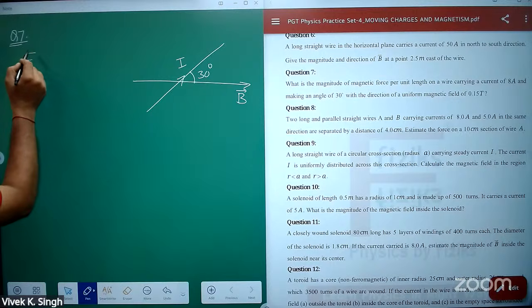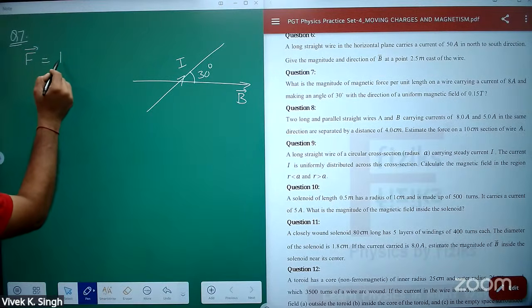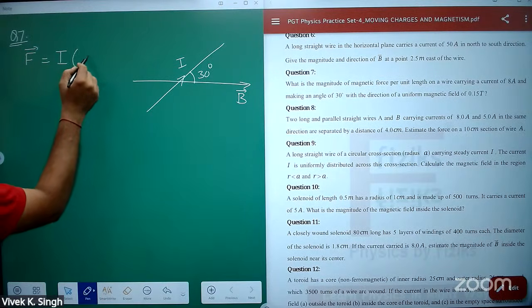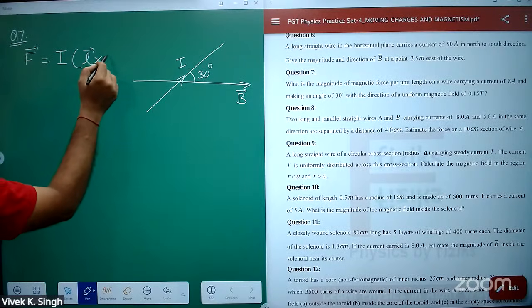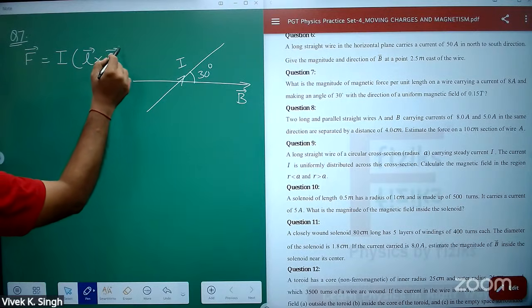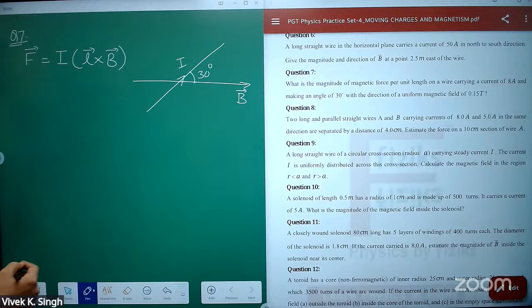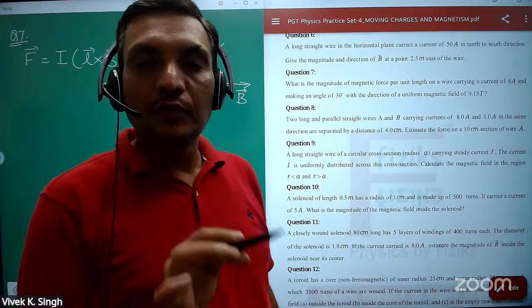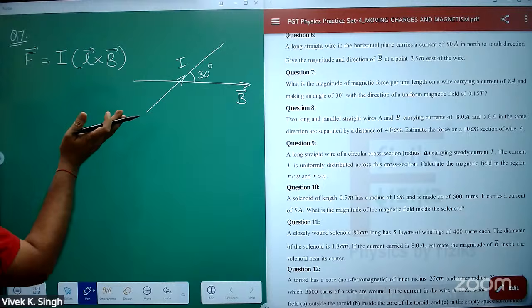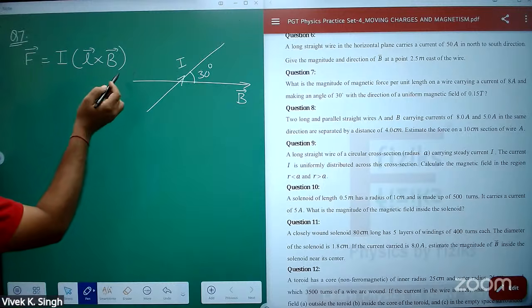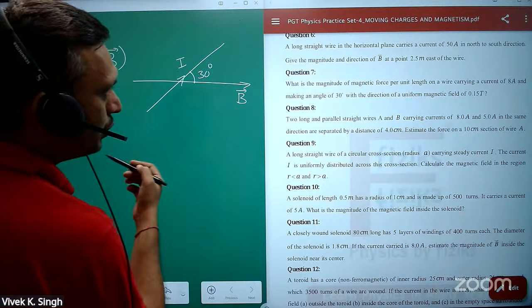This magnetic force is given by I L cross B. L is always in the direction of current. So you have to find the magnitude.